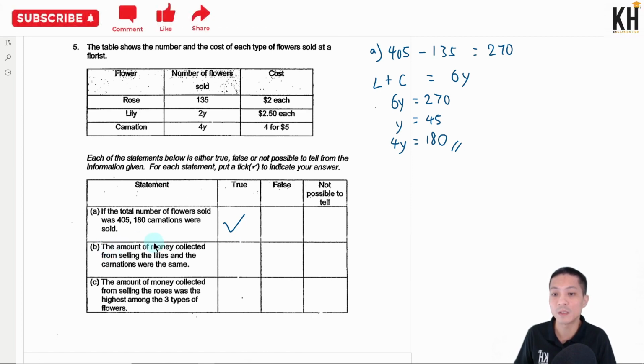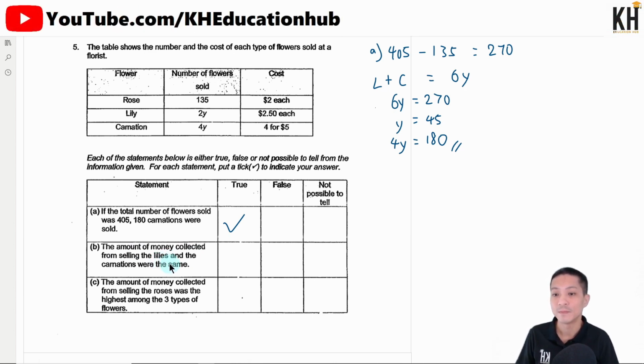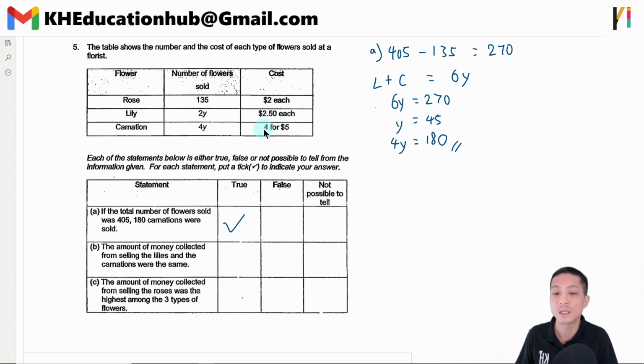Okay, so for B, the amount of money collected from selling the lilies and the carnation were the same. Let me change to another color. Lily is $2.50 each and carnation is 4 for $5.